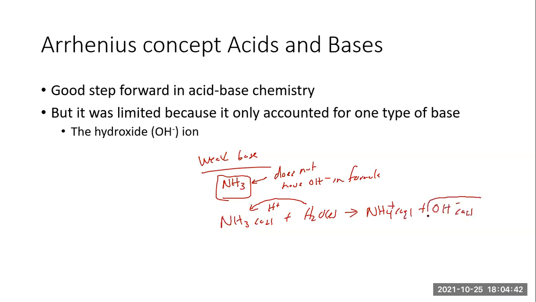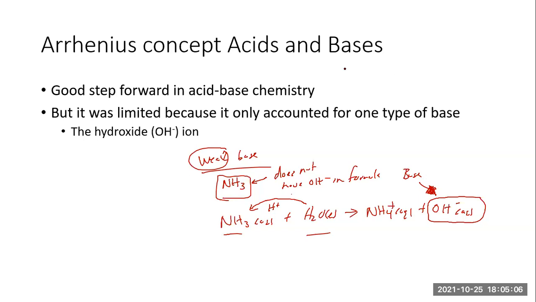So because the NH3 is able to react with water and produce, bad arrow there, let me try that again, fix the arrow. Because it's able to produce hydroxide, it is still considered a base. It is a weak base because it pretty much has to do a reaction to generate the OH minus.